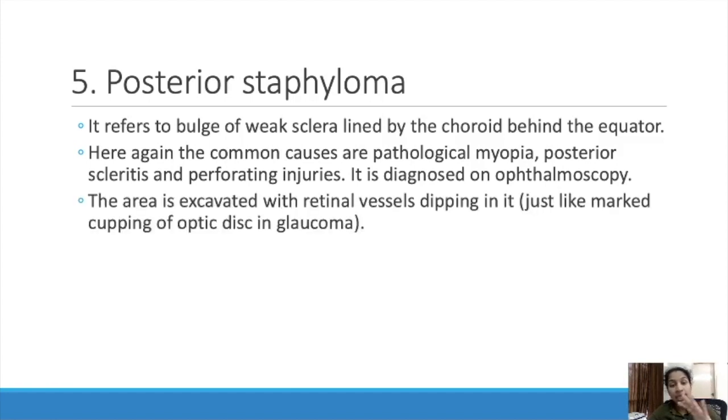The area is excavated with retinal vessels dipping in it, just like marked cupping of the optic disc in glaucoma. In glaucoma you can see cupping, meaning the cup disc ratio becomes larger, since there is an optic disc and an optic cup in between.